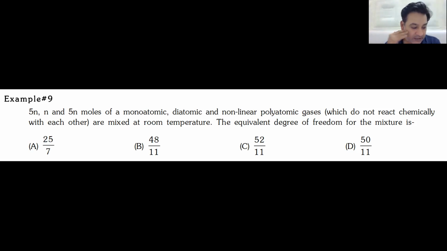If it is a linear polyatomic, it is still 5. Do we understand this? Okay, then what is the answer for this one? If you know these degrees of freedom, then it should be a cakewalk. What is the answer? You have got 4 options here.